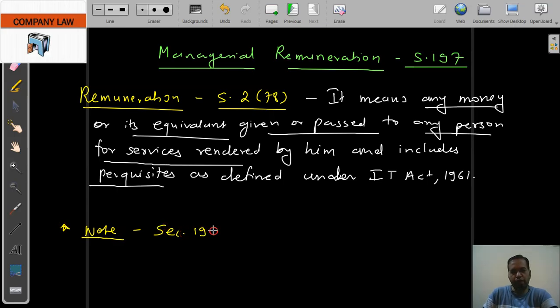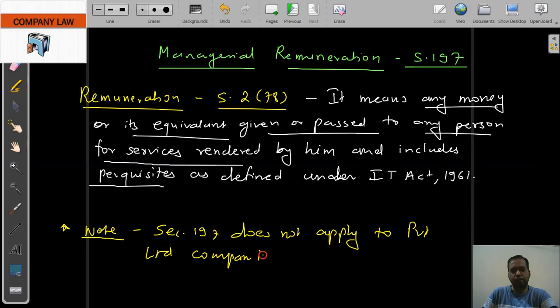Note: Section 197 does not apply to private limited companies. This is only applicable to public limited companies. So what are the provisions? Overall maximum managerial remuneration.